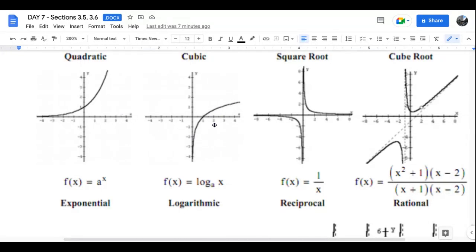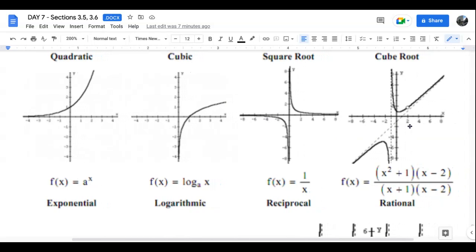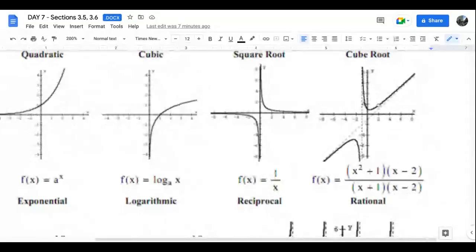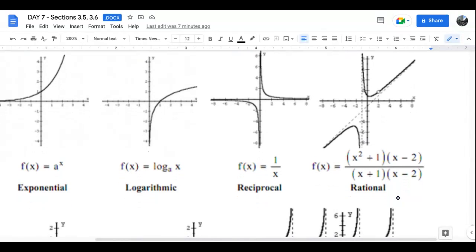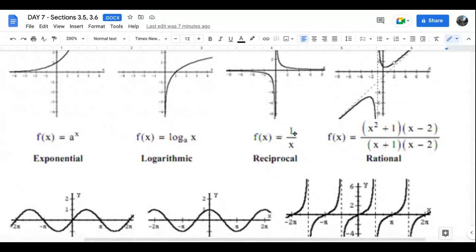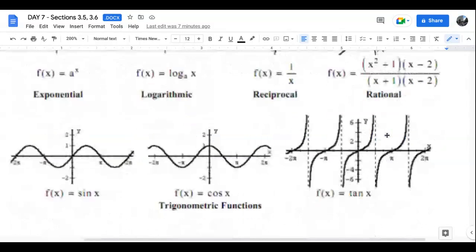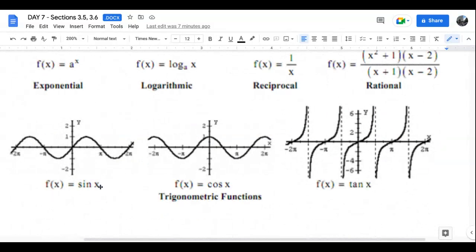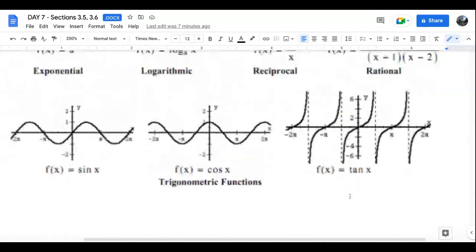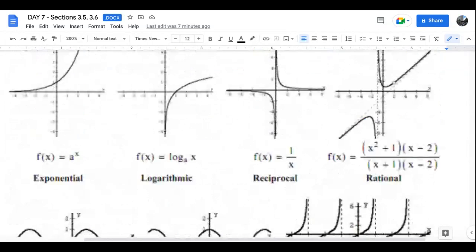Log function, log base a of x. Rational function 1 over x, and another, more complicated rational function. Trigonometric functions: sine x, cosine x, tangent x, cotangent x, and so on. We're going to talk more about each of those functions.